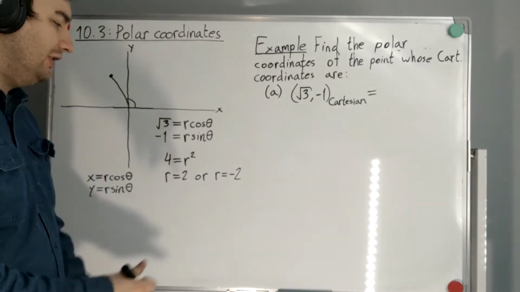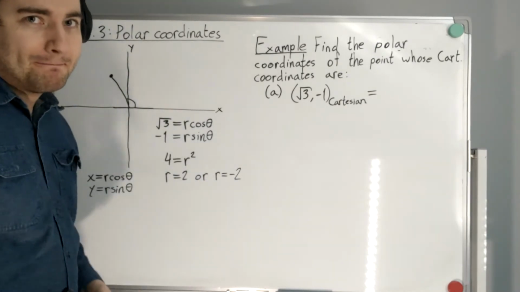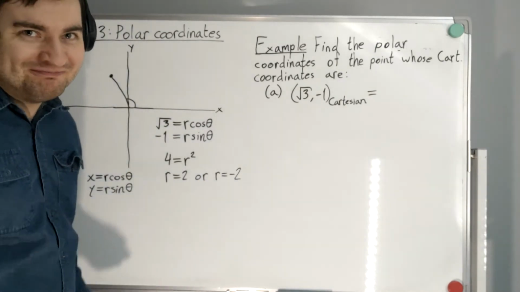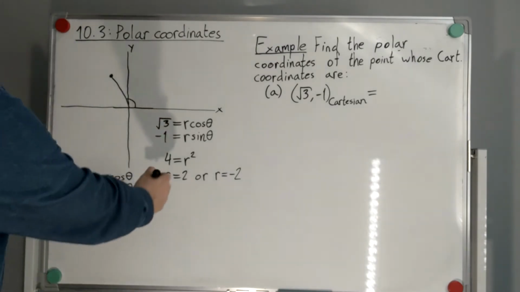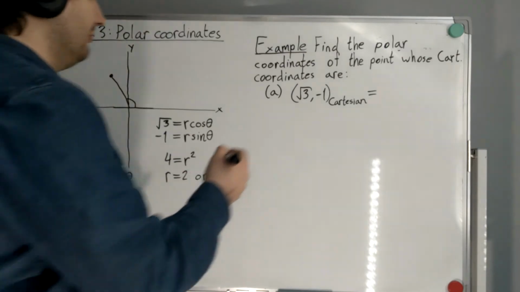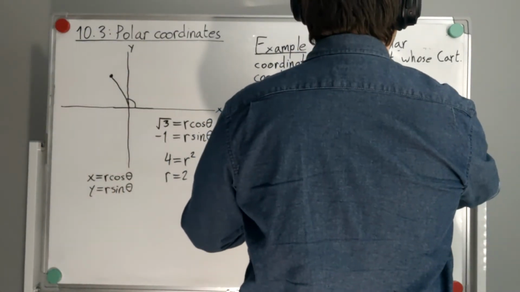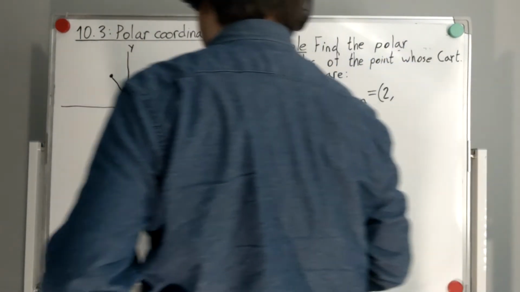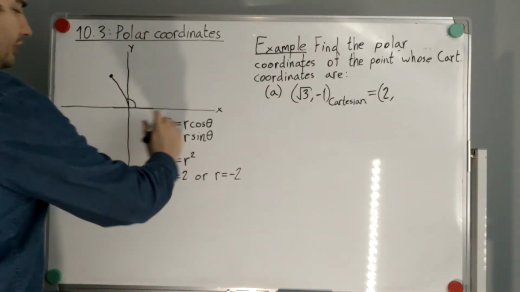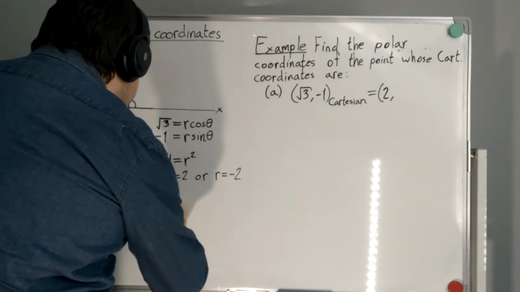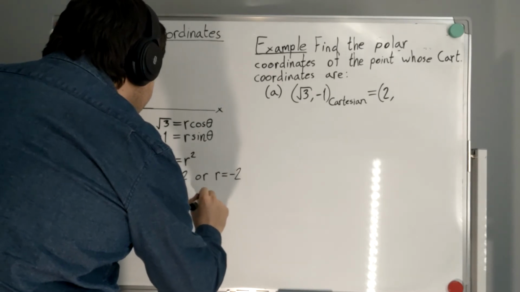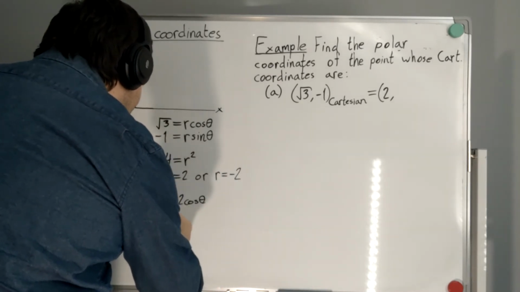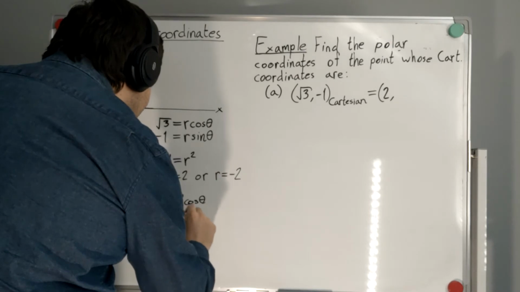You can proceed with this, but let's not, at least for this example. So we'll pick r to be 2. Well, that gives us our first coordinate here. And that turns these equations into root 3 equals 2 cosine theta, negative 1 equals 2 sine theta.